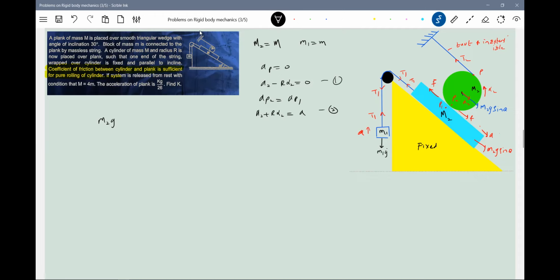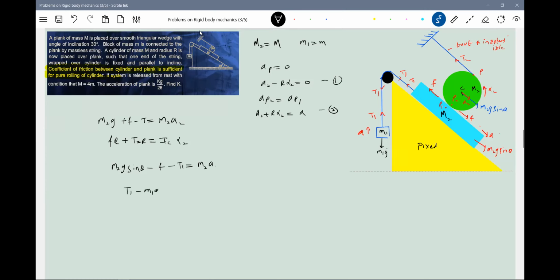Okay, let's write down all the equations. So m2g sin theta plus f minus m2 a2. Then the torque: F into R plus T2 into R is equal to I_C alpha 2. I think all the equations are over. Then for the plank, m2g sin theta minus F minus T1 equals m2 a.